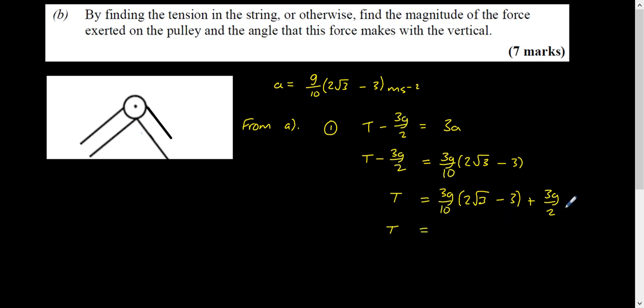It will come out as a decimal, but we'll leave that decimal in the calculator. So we'll do 3 times 9.8 divided by 10, and then multiply by 2 root 3 minus 3.